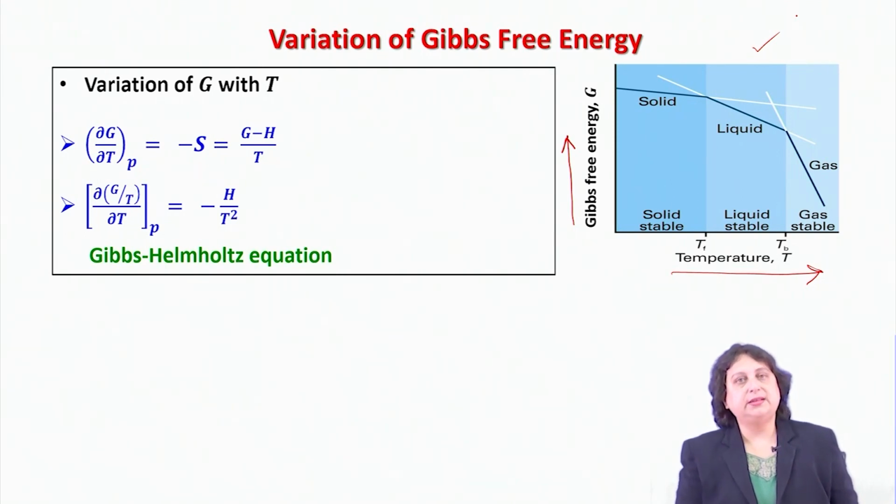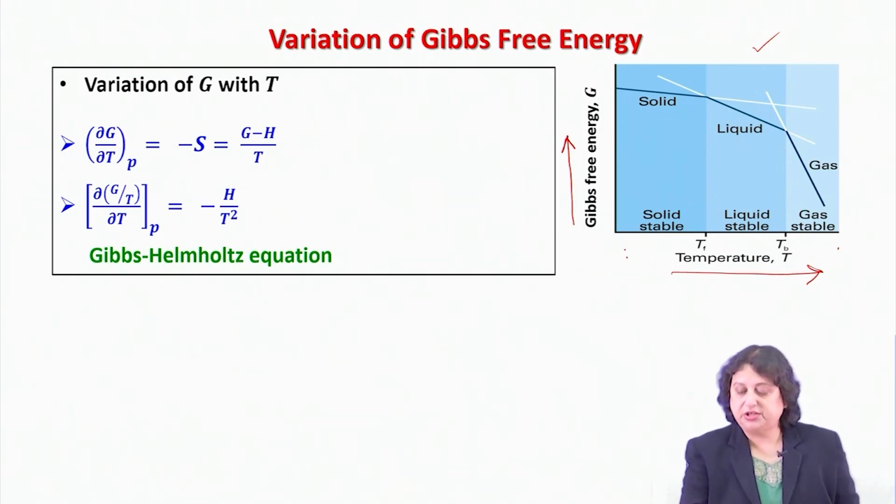But if I am varying the temperature from a very low value to a very high value, then I understand that if I have a pure substance, this initially at very low temperature will start off as a solid.